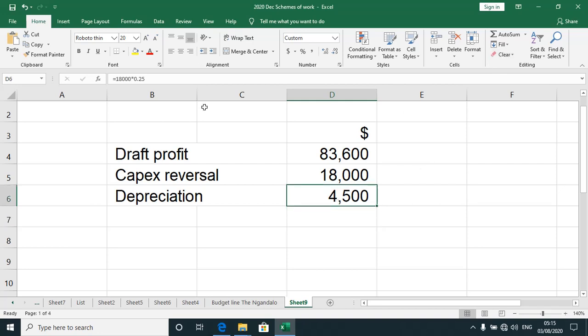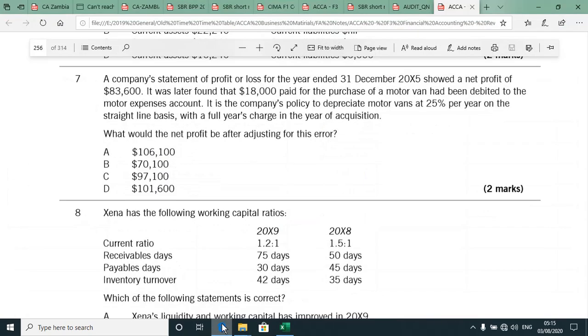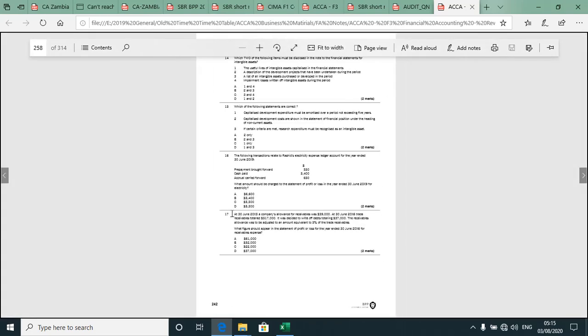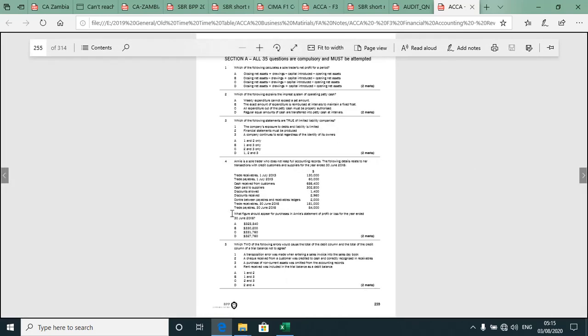And of course, when it comes to depreciation, we need to deduct. So let us see what is happening there. I'm getting 97,100. And I hope that's what you're getting as well. That figure there, C.